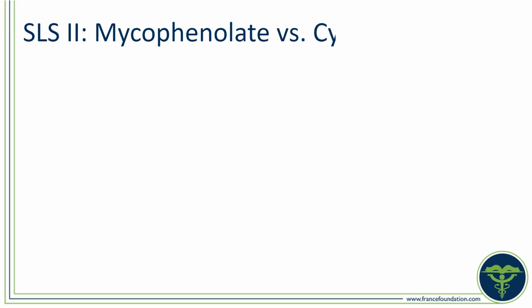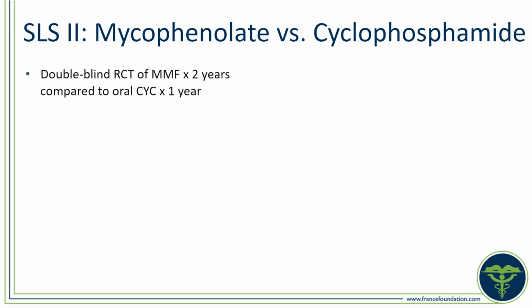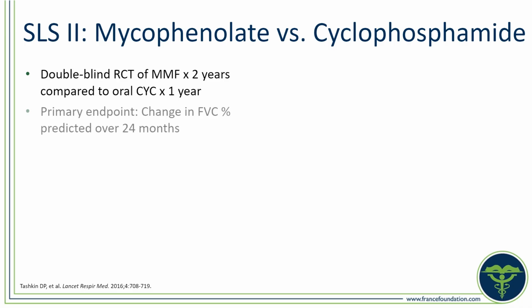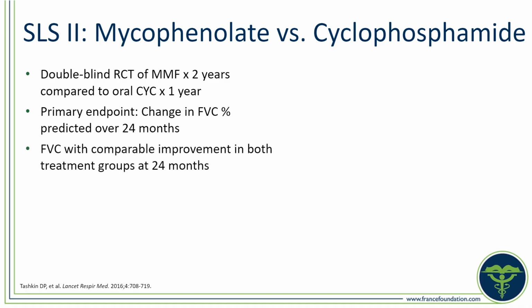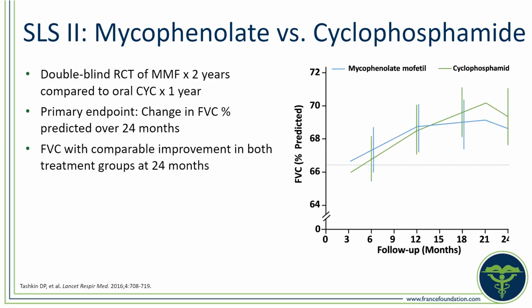The SLS2 study was a double-blind randomized controlled trial of mycophenolate for 2 years compared to oral cyclophosphamide for 1 year. And the primary endpoint in the SLS2 study was a change in FVC percent predicted over 24 months. What the study found is that there were comparable improvements in FVC in both the treatment groups at 24 months, as shown in this graph.